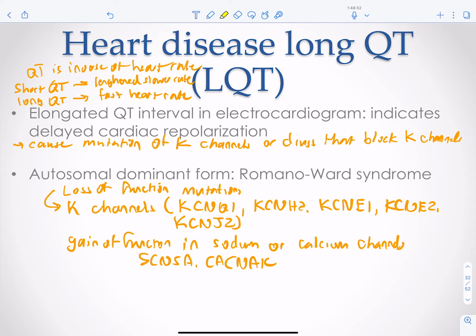It also, the long QT syndrome of cardiac muscles, it means that you have longer than would be necessary to recharge between your heartbeats.